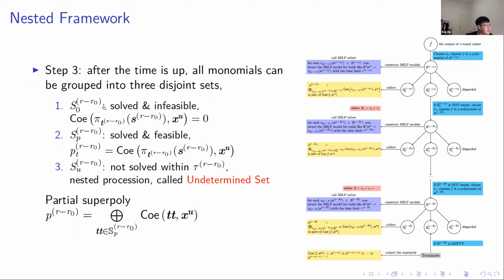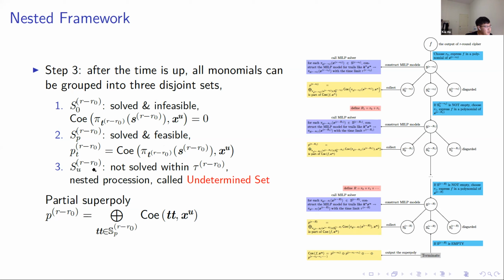The first set contains the monomials which are solved but infeasible. So we know these terms have no contribution to the final superpoly. And the second set contains those terms which are solved and feasible. So we can extract some partial superpoly from this set.